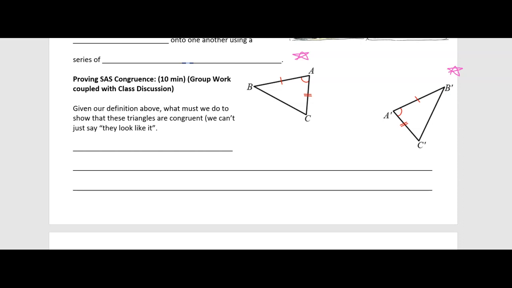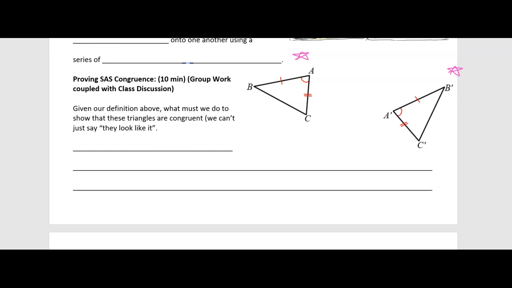So that's why there's no numbers on here telling you how long the sides are, how big the angles are, because these triangles represent any two triangles that we could draw that have two sets of sides and one set of angles being congruent. So if we can show that these two triangles are congruent, we will have proven that any two triangles with these characteristics are congruent.